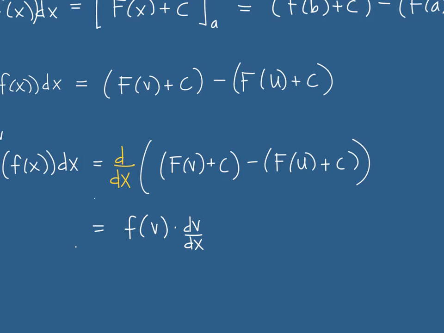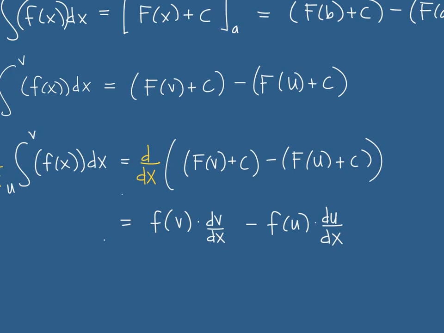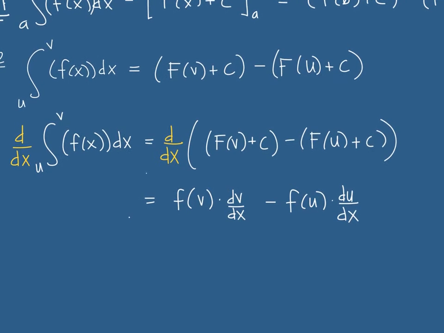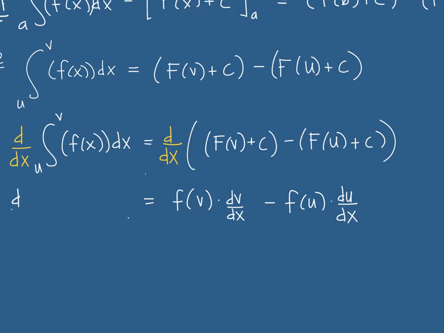So the derivative of it is 0. All right, so we'll skip ahead. Minus, now we take the derivative of capital F of u. So the derivative of capital F is lowercase f, leave the inside alone, and then the chain rule would be du dx. And I'm just going to copy the other side the way it was.